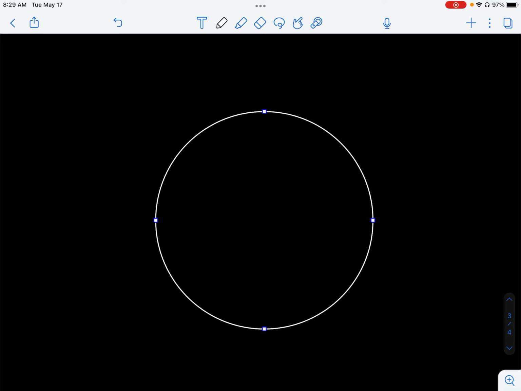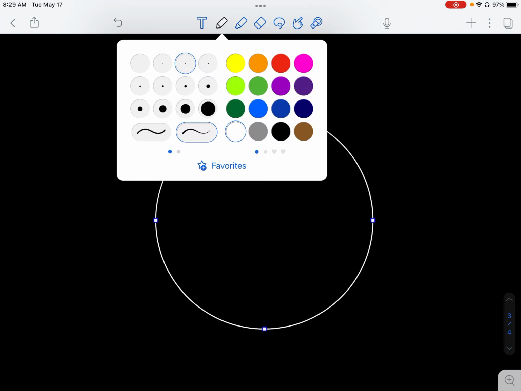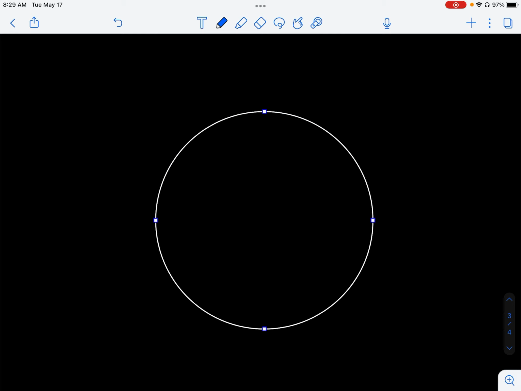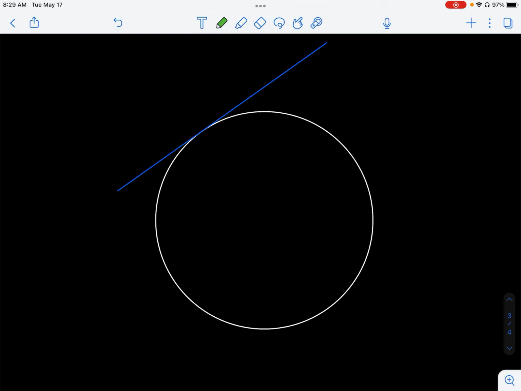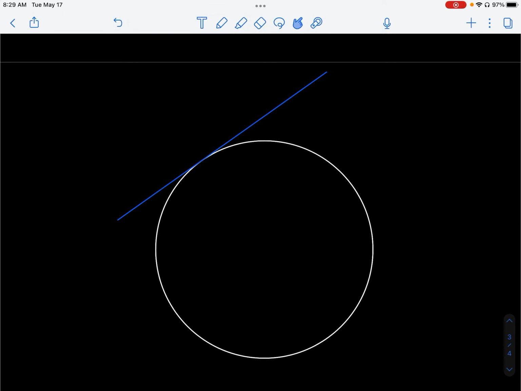So why do we care about this? Well, you'll see in future lessons why we do care. But let's say we have a communication satellite up above the Earth.